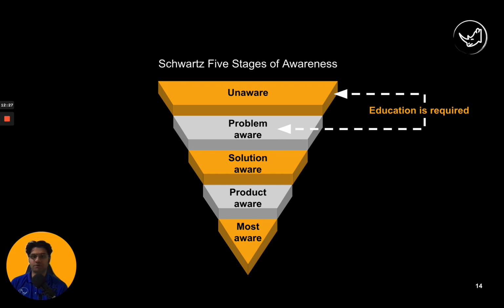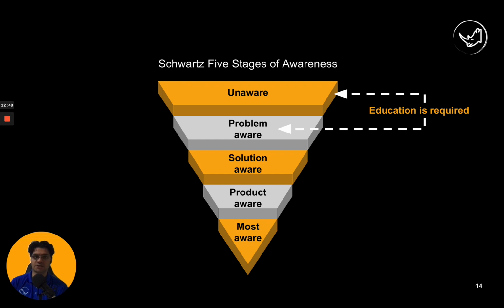Schwartz is a really intelligent marketer. He wrote a couple of books, and one of the things he came up with is these 5 stages of awareness. The person can be problem unaware, problem aware, solution aware, product aware, then most aware, right?